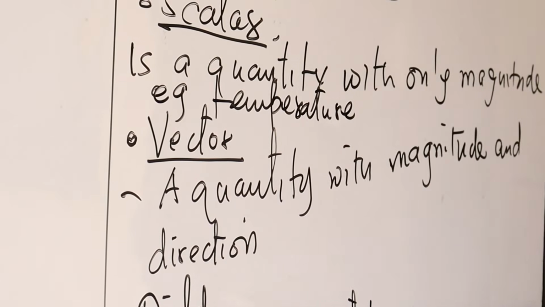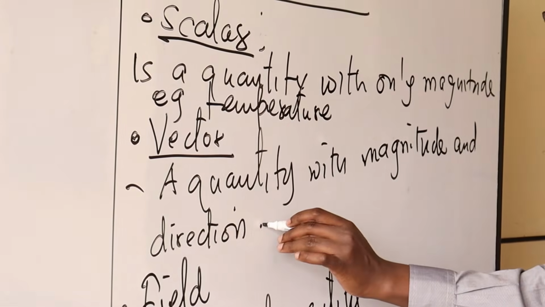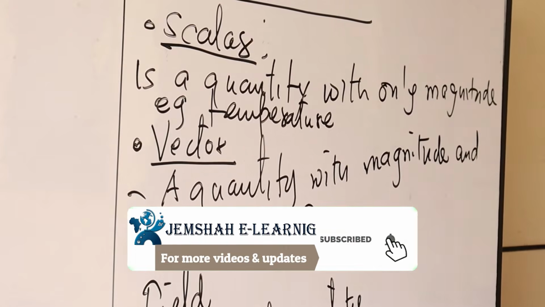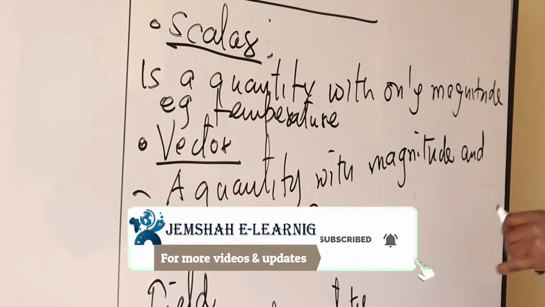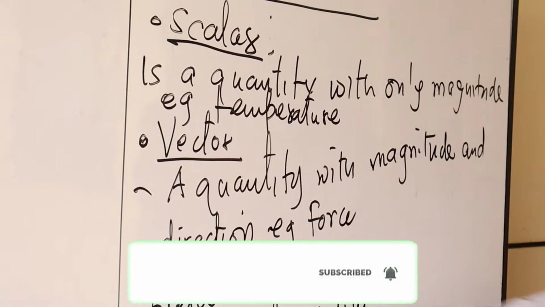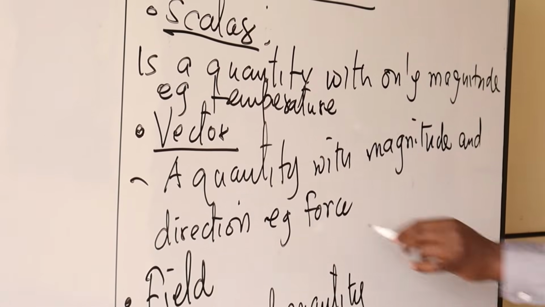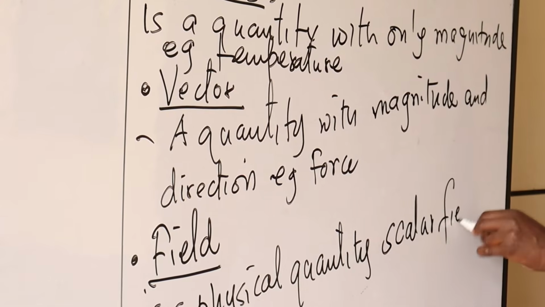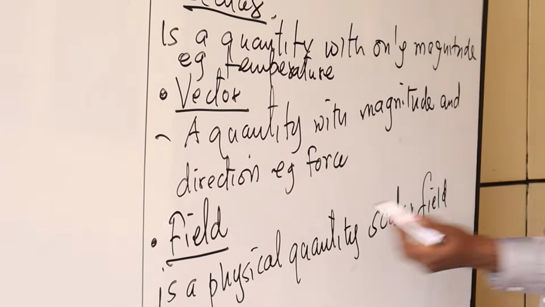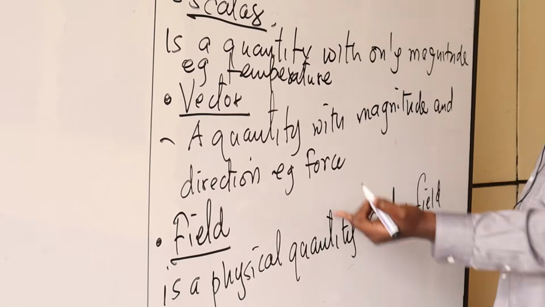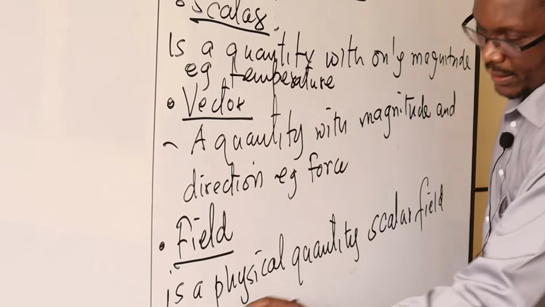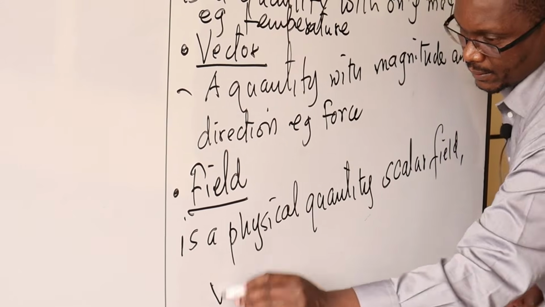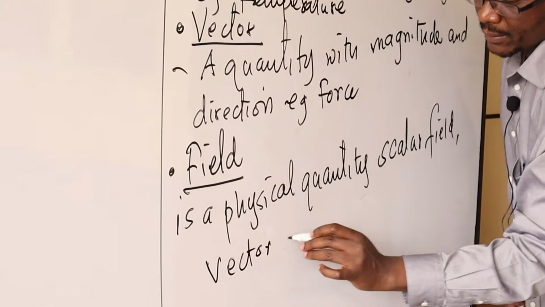We also know that an example of a vector is a force. So if we have a purely scalar field, or a temperature field, we can say that is a physical quantity known as a scalar field. We can equally talk of, if it's a physical quantity like force, then we can talk of that as being a vector field.